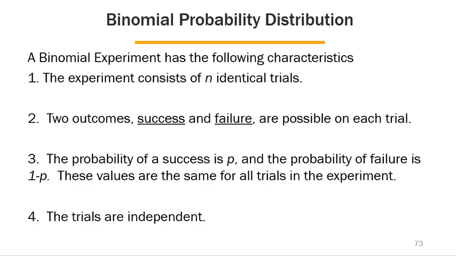We've gotten this either from some previous study, something that we've done. We happen to know what p, the probability of success, is. Since there are just 2 outcomes, success or failure, the probability of failure is 1 minus p. And those values are the same for all trials. So all trials are, in a sense, the same then. They have the same probabilities. And the trials are independent.